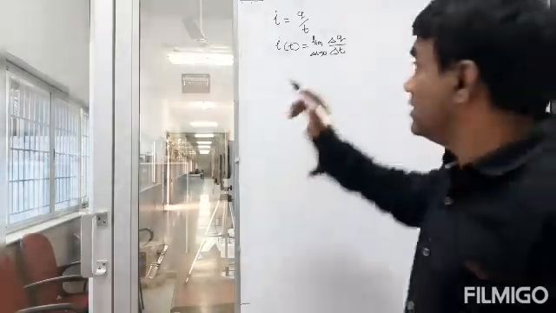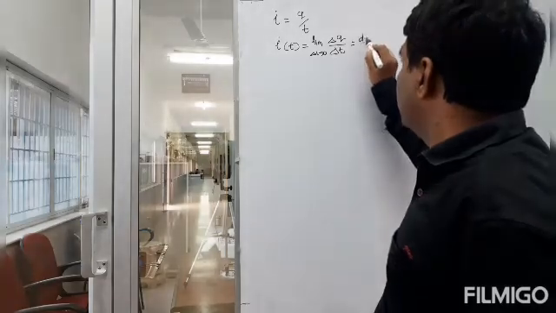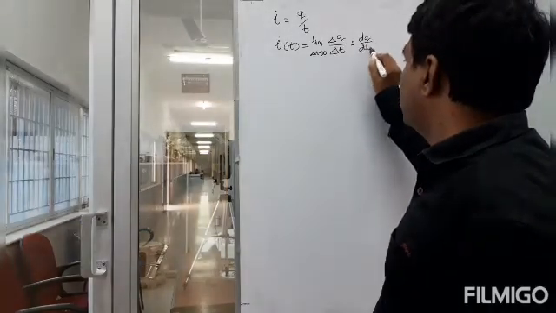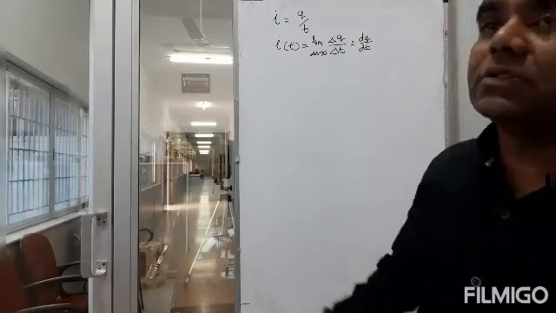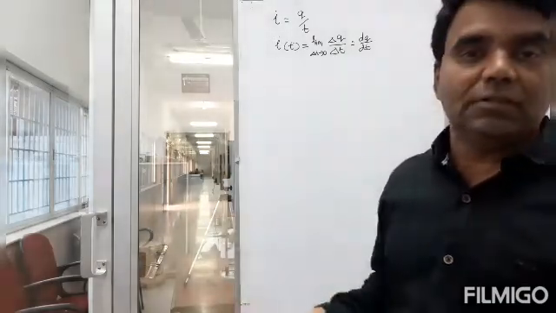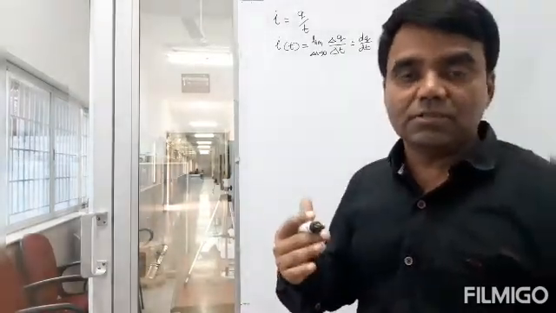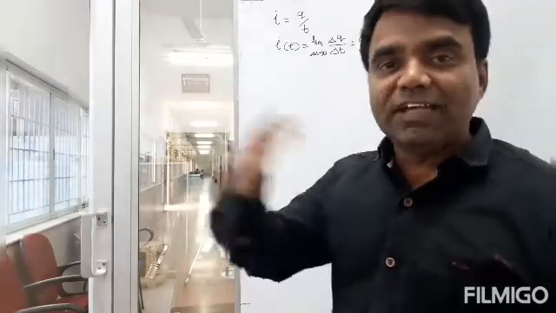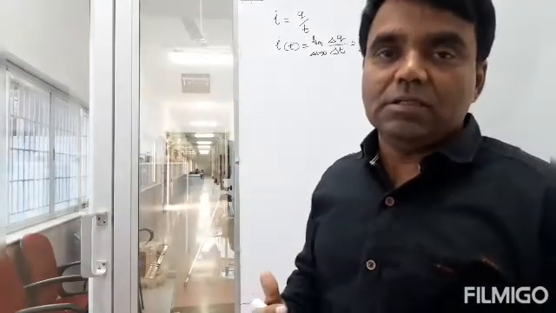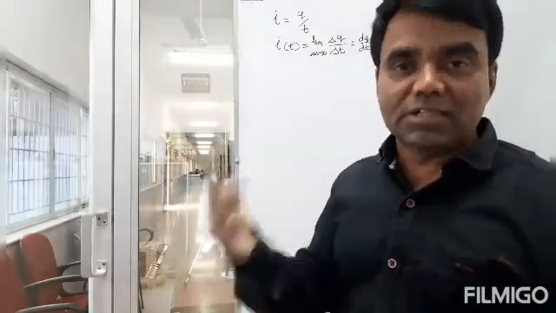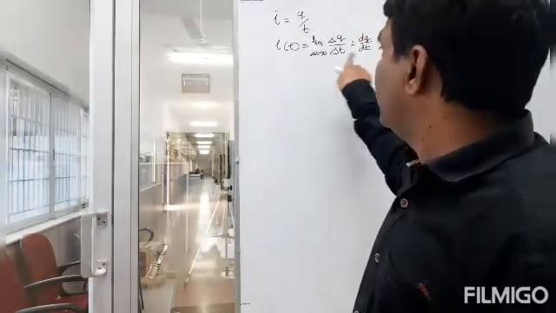Okay? This is simply dq by dt. Yeah. So this expression is for current which is varying with time. And if the current is not varying with time, then clearly you will get a constant value for this.